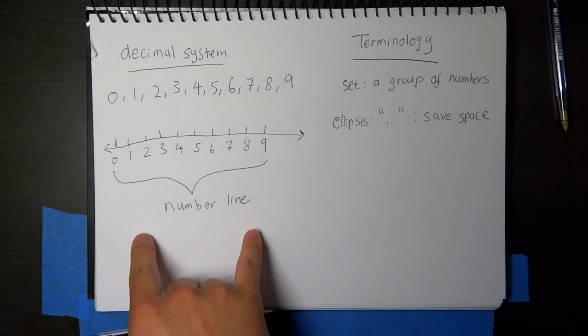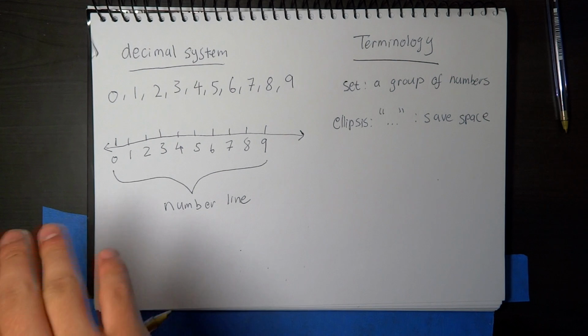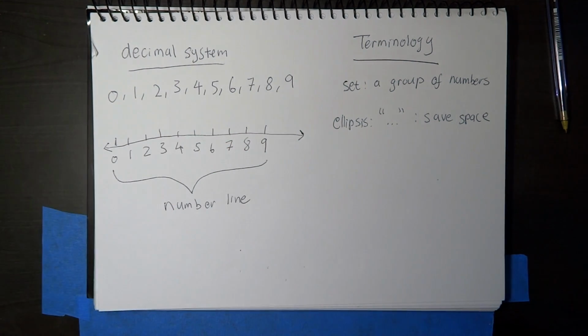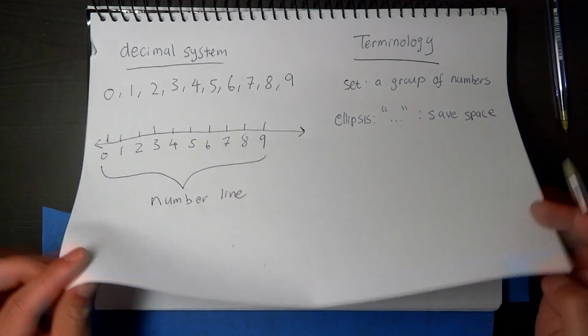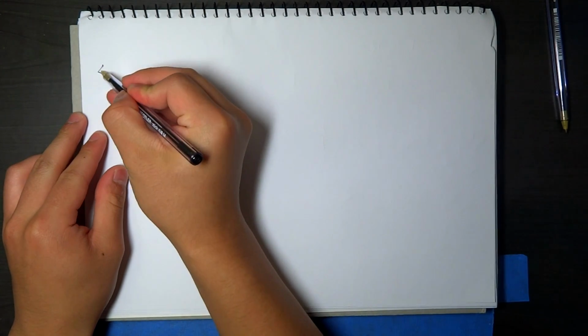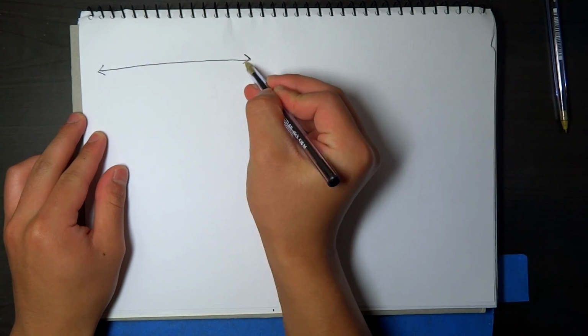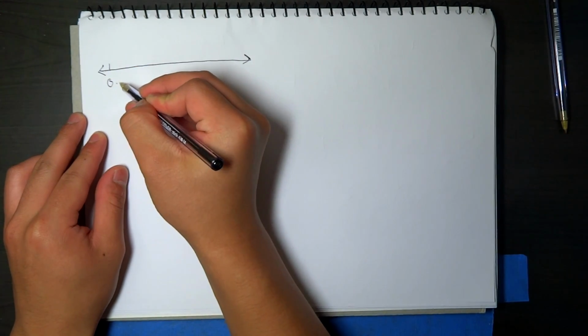Now, I have my basic number line here from 0 to 9. But how might I extend this? Because it seems a bit bare right now. Well, in math, we absolutely adore repetition. So, I will have my numbers of 0 to 9 again.